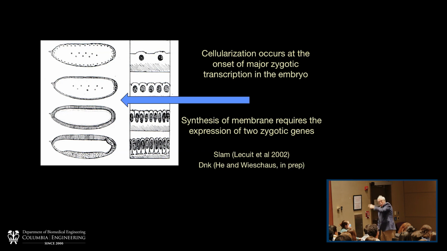So you have one large 500 micron cell with an array of 6,000 nuclei on the surface, each of which is transcriptionally active in different ways that program different regions of the cytoplasm to enter into this quasi-mesodermal fate.